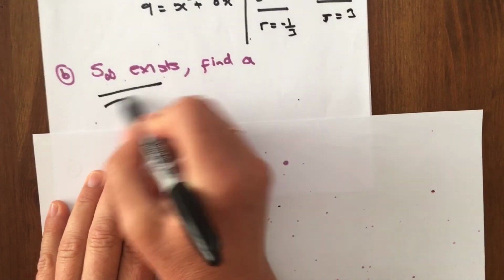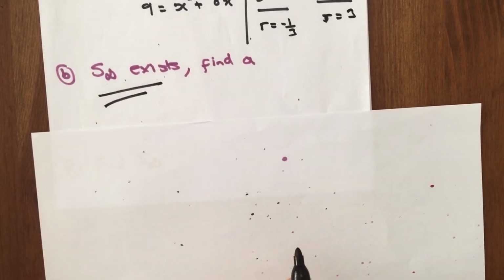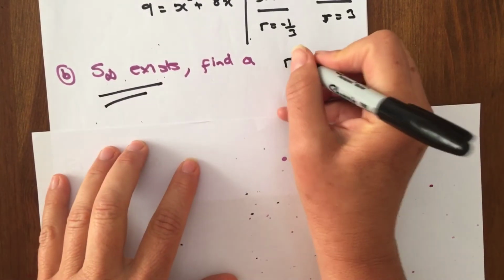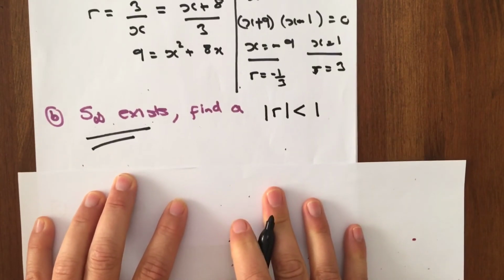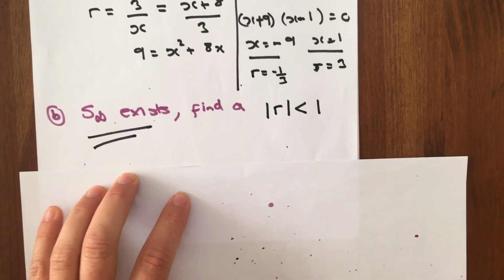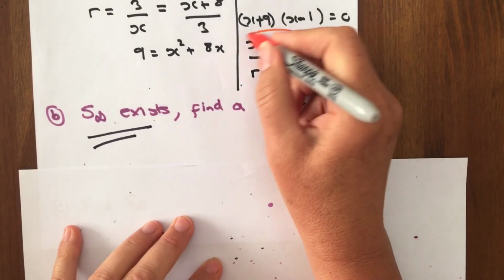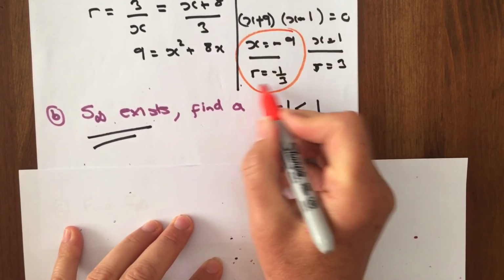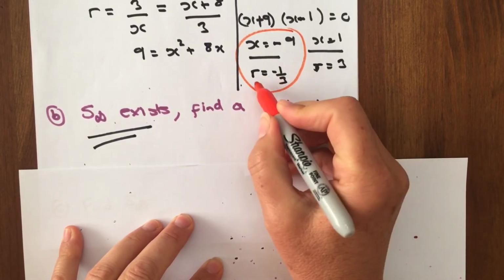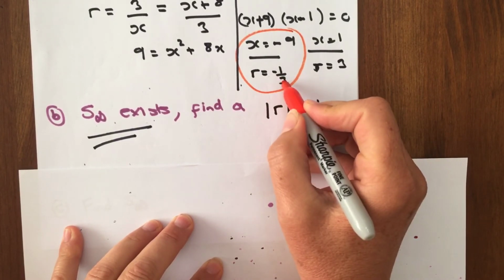Right, so if it exists, we know it only exists if the modulus of R is less than 1. So when is the modulus of R less than 1? Here, when R is -1/3.